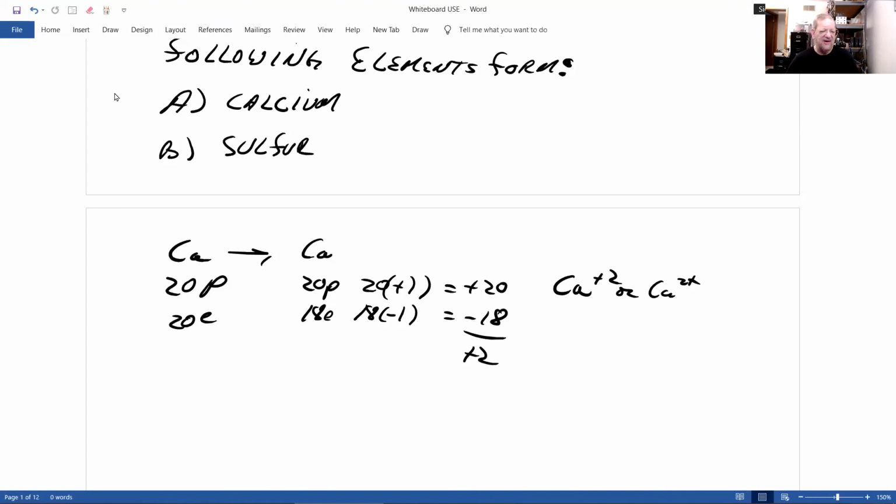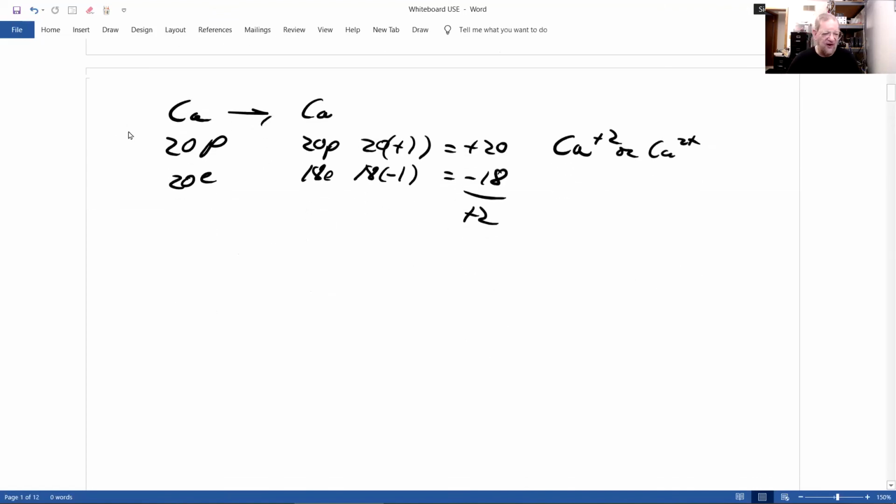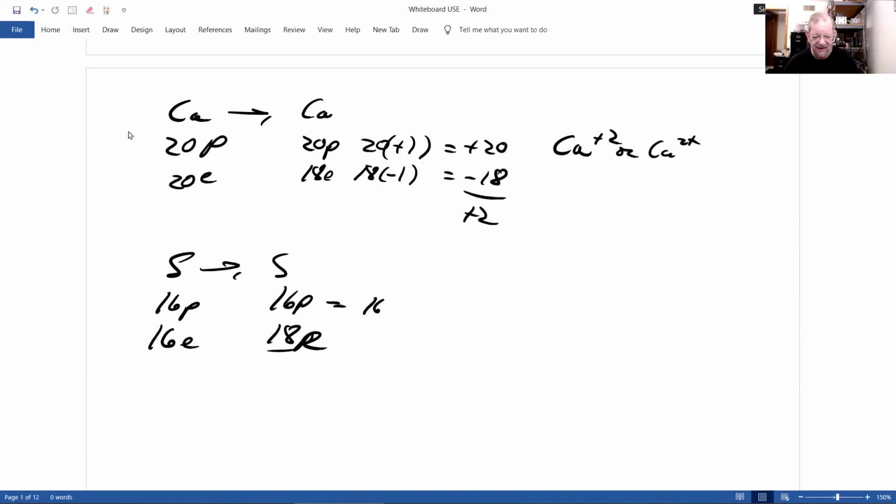this. Now for sulfur, sulfur has 16 protons, 16 electrons. It wants to go to sulfide, it will still have the same number of protons, but the closest noble gas is again argon with 18 electrons, each proton plus one, each electron minus one.